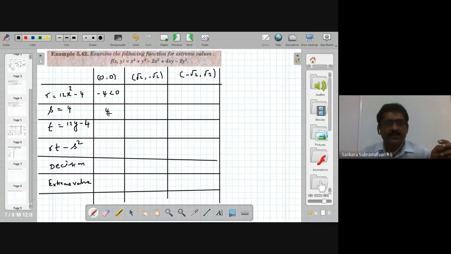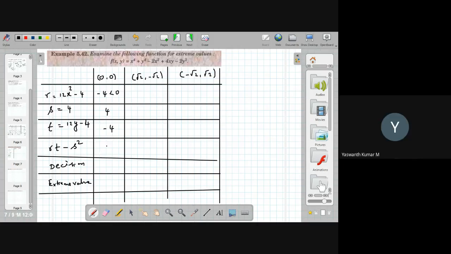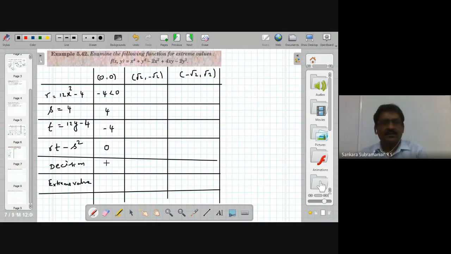This is 4, and this is -4. And RT is 16. RT minus S square is 0. RT minus S square 0 means you cannot make a decision, right? That's a question mark. Let me see later.